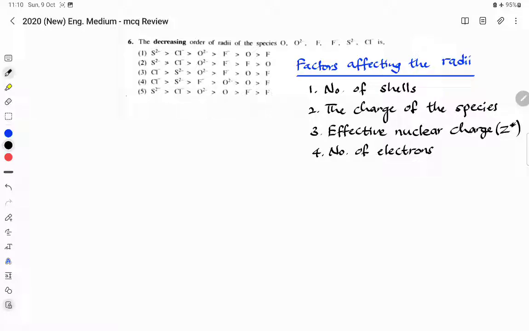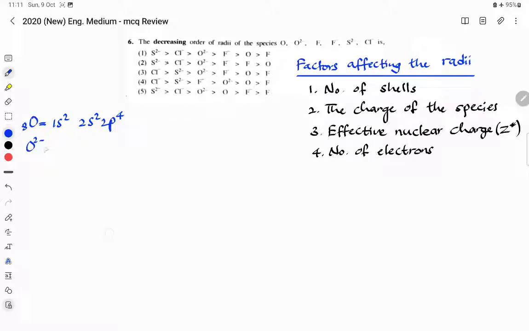If you want to find the number of shells, we have to write down the electronic configurations of all these species. Therefore, for oxide, first oxygen atomic number is 8. Its electron configuration will be 1s2, 2s2, 2p4.